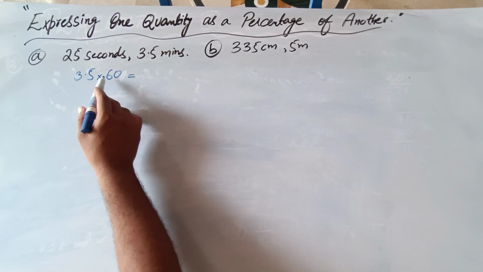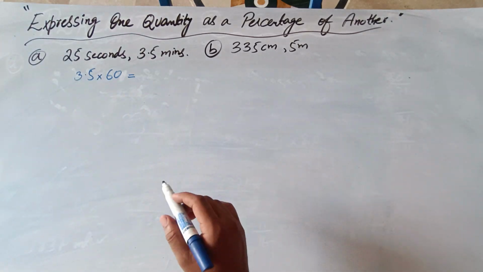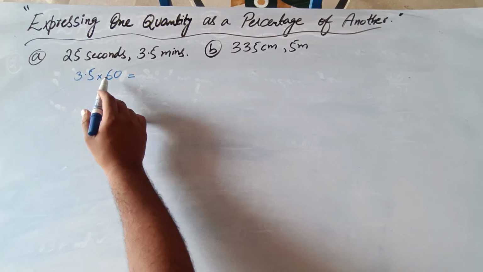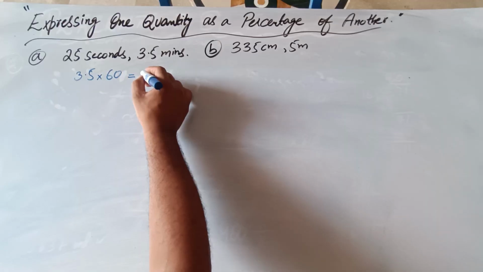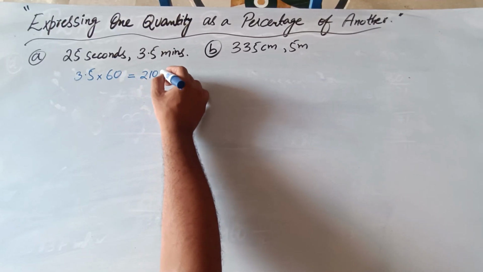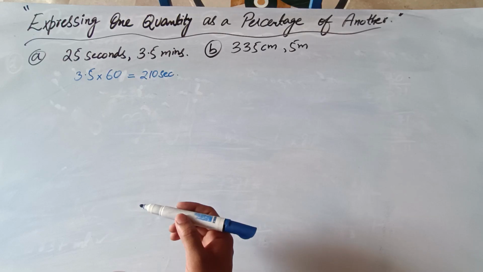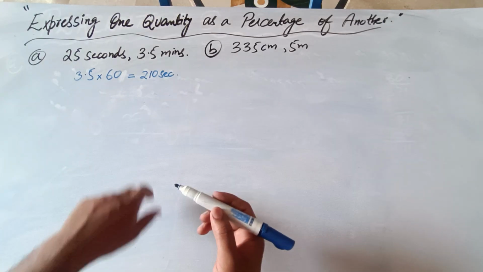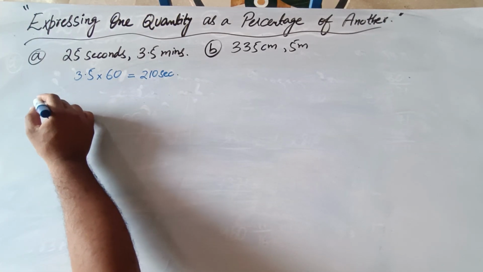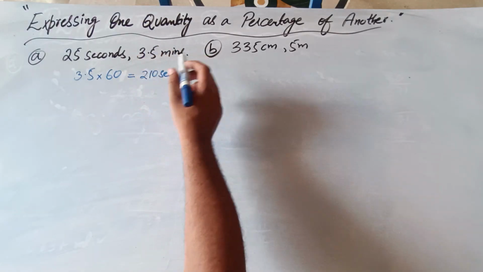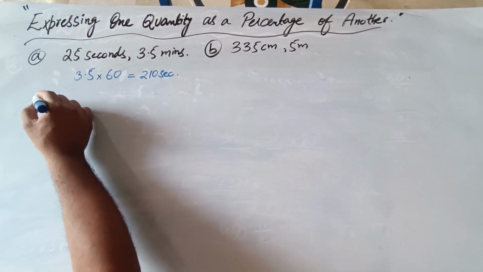So 6 3s are 18. So 180 plus 30 would be 210. It would be 210 seconds. You can do the manual or long multiplication to obtain this answer. So there is a very simple formula for expressing one quantity as a percentage of a second quantity.